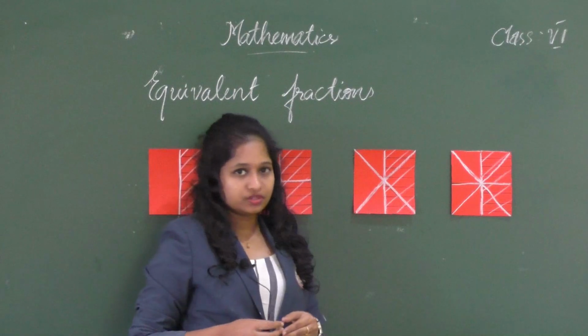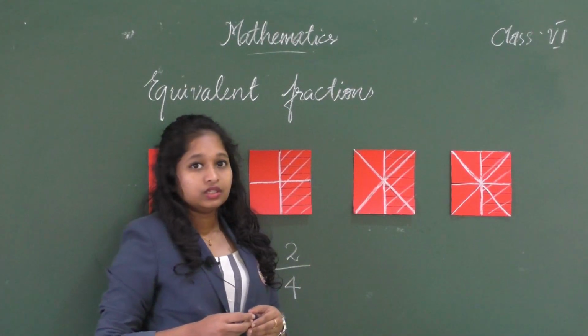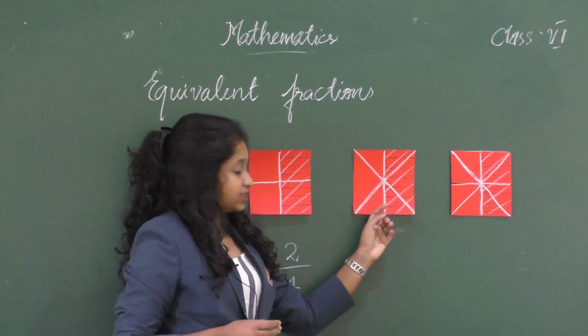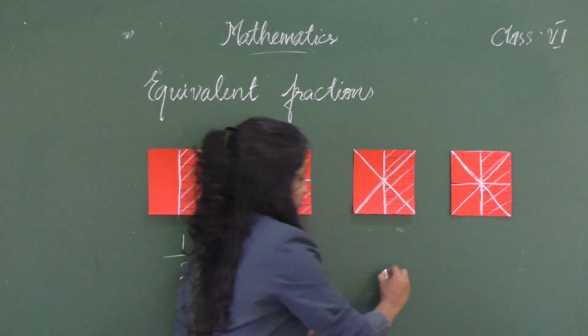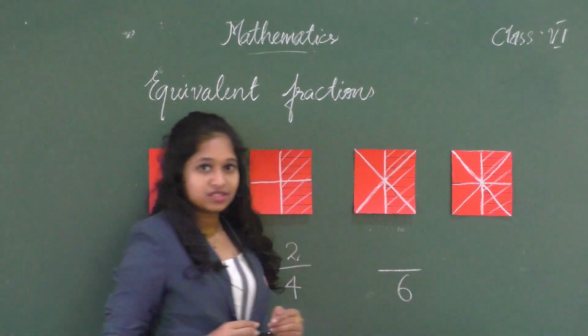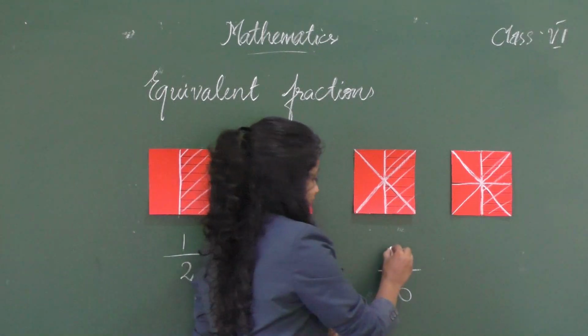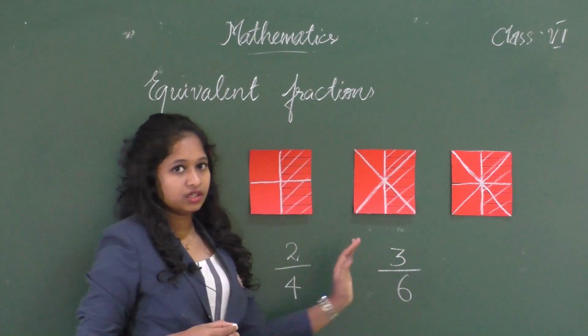And when we move on to this square box, it is divided into 6 parts and 3 among them is shaded. I write that in the numerator.